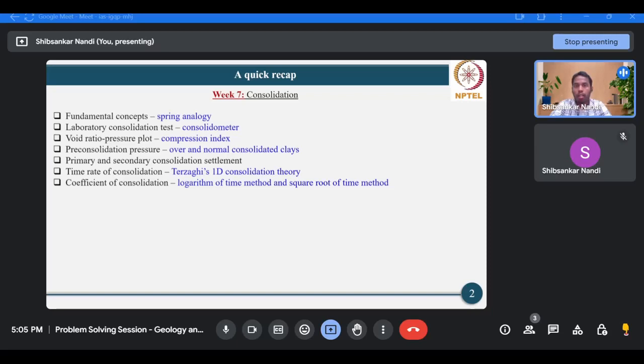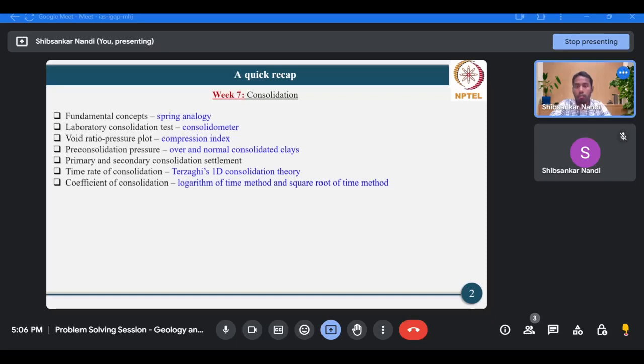Now, under this heading, consolidation, we learned a few things this week, like the fundamental concepts of consolidation through spring analogy, and how consolidation can be simulated in the field. For example, the laboratory consolidation test through consolidometer.